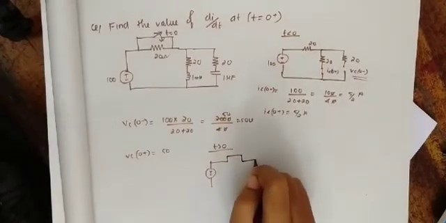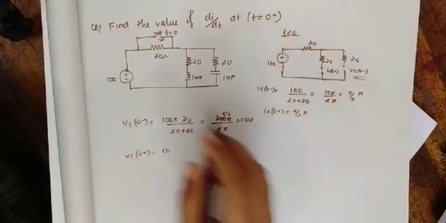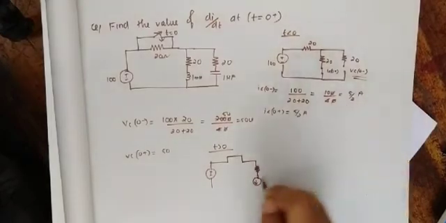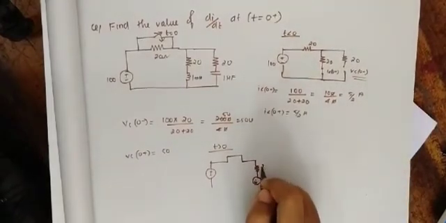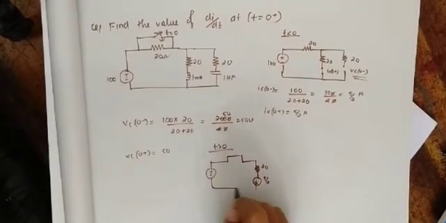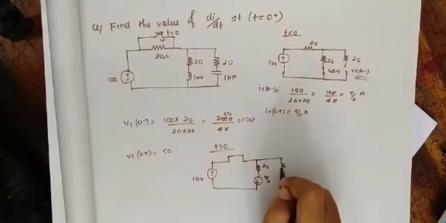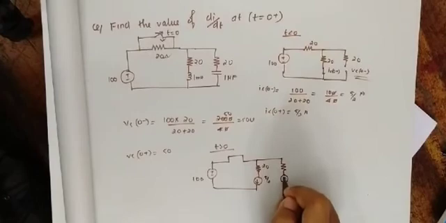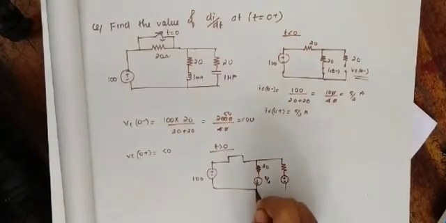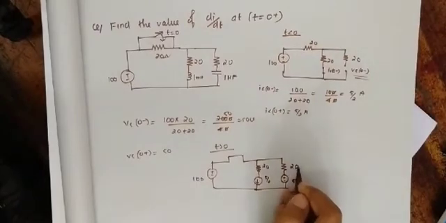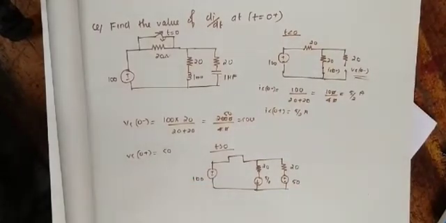The inductor will act as a current source now with current 5/2 ampere. This is 100 volt, and the capacitor will act as a voltage source with voltage 50. So this is the circuit after the switch is closed.